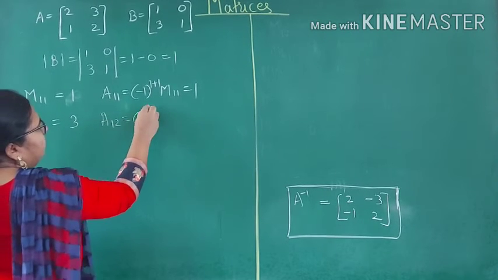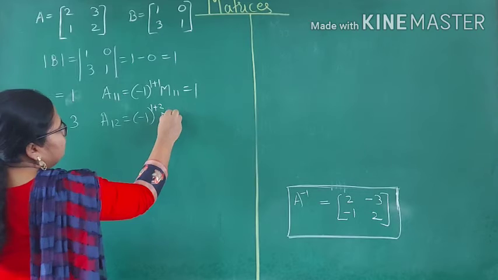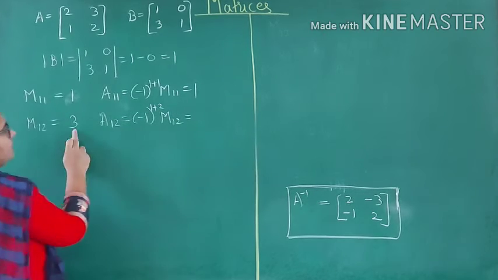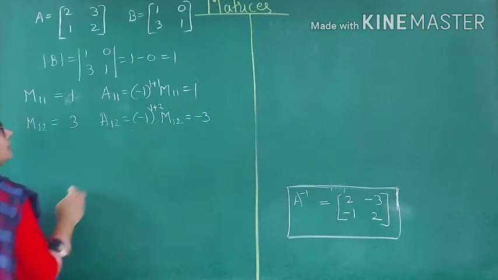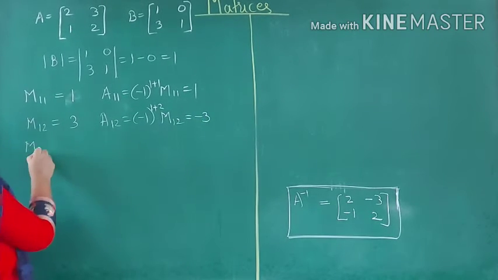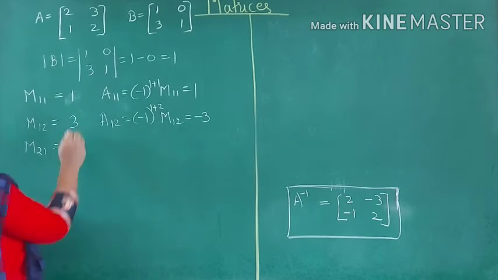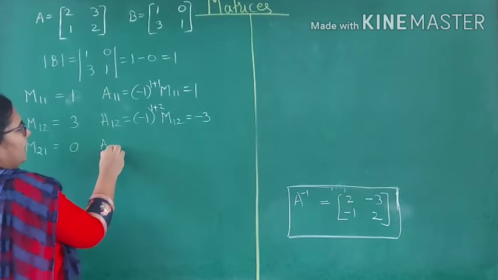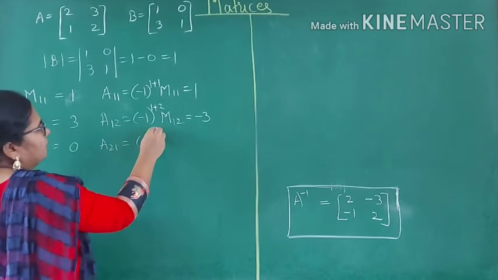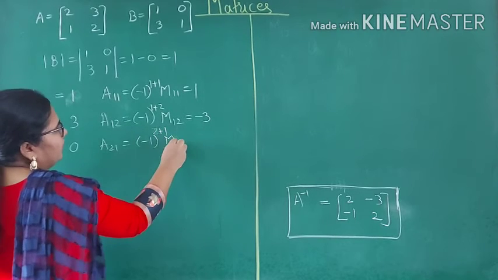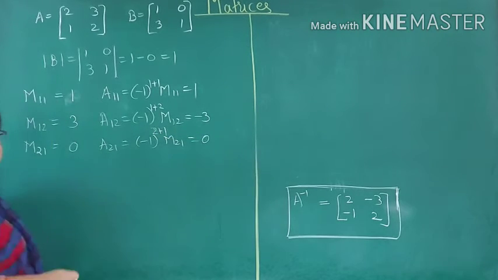A12 will be minus 1 to the power 1 plus 2 into M12. Odd power sign will get changed, so minus 3. Then M21, second row, first column elimination, answer is 0. And A21 is minus 1 to the power 2 plus 1 into M21, again answer remains 0.